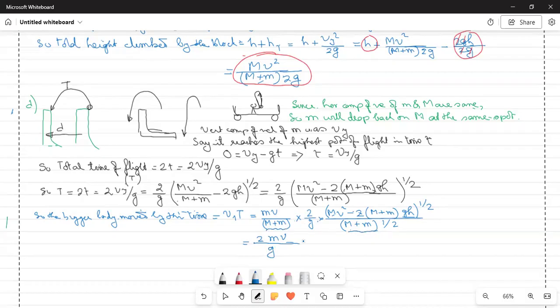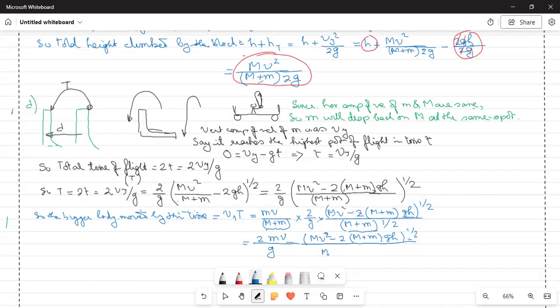So 2 m v by g, that multiplied by capital M v square minus 2 into capital M plus small m gh, this whole to the power half, and at the denominator I have capital M plus small m and capital M plus small m whole to the power half.